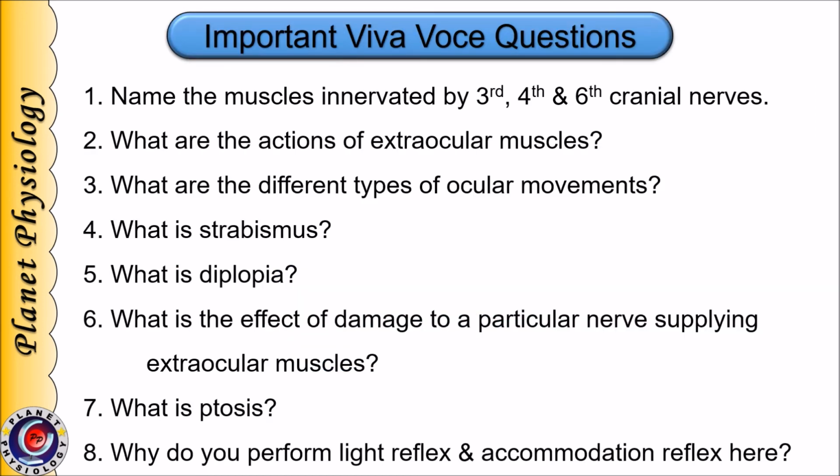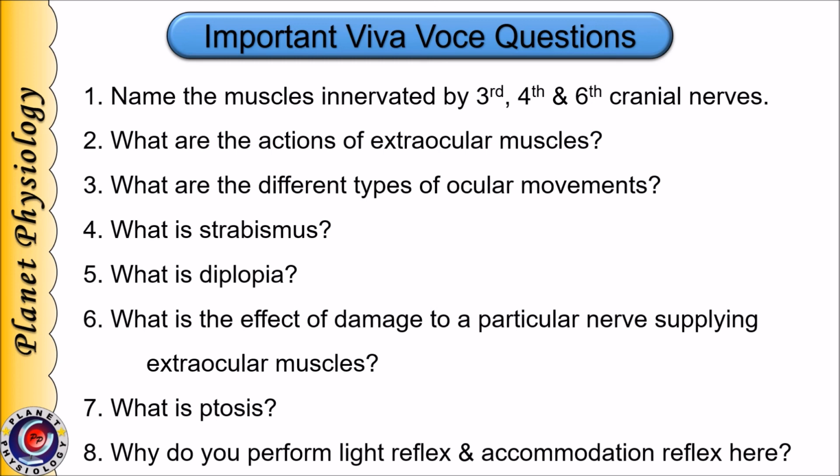Here are some important viva voce questions asked during this practical. For this practical, one should know all the muscles innervated by the 3rd, 4th and 6th cranial nerves, the actions of various extraocular muscles, different types of ocular movements, the definition of strabismus or squint, and the definition of diplopia.